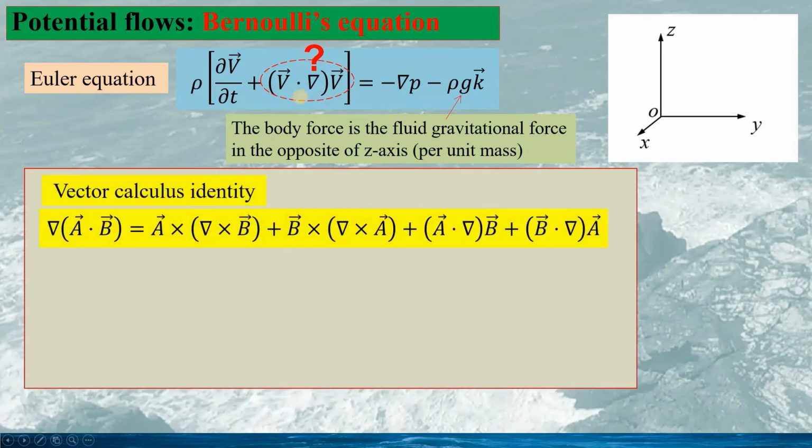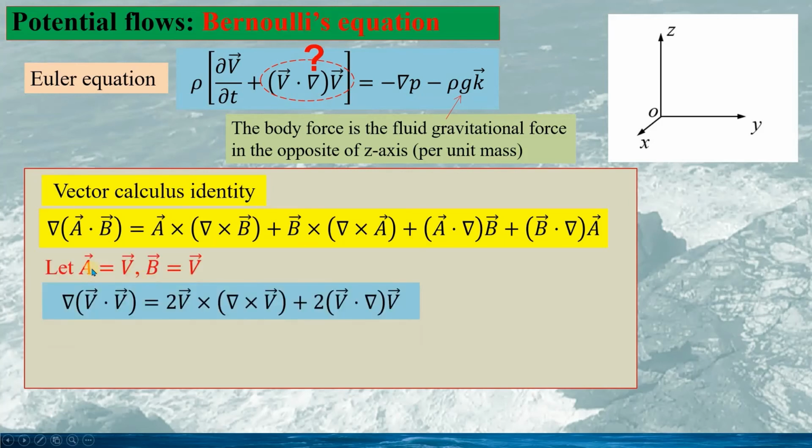Here, for deriving the Bernoulli's equation, we can use a vector calculus identity. The gradient of the dot product of vectors A and B would be given as this. Now we can let vector A equal the velocity vector v and B equal the velocity vector v.